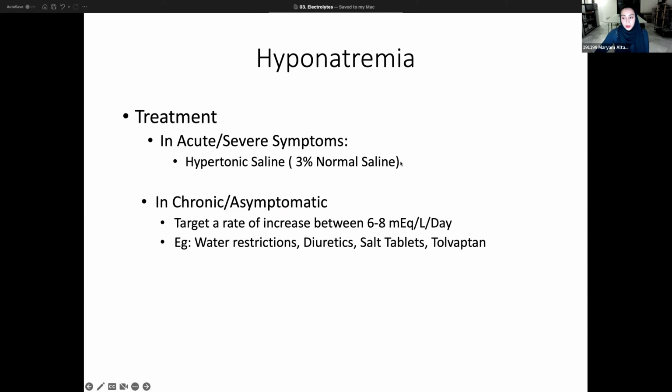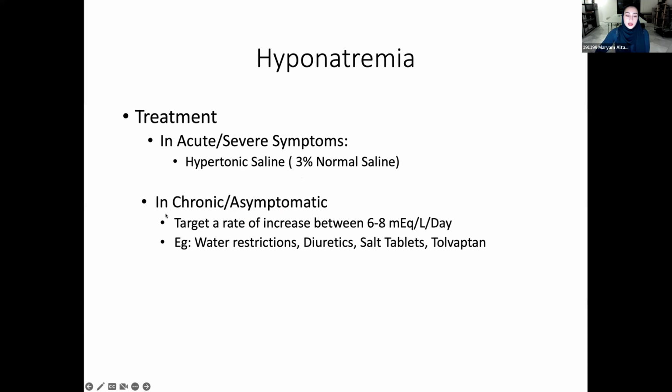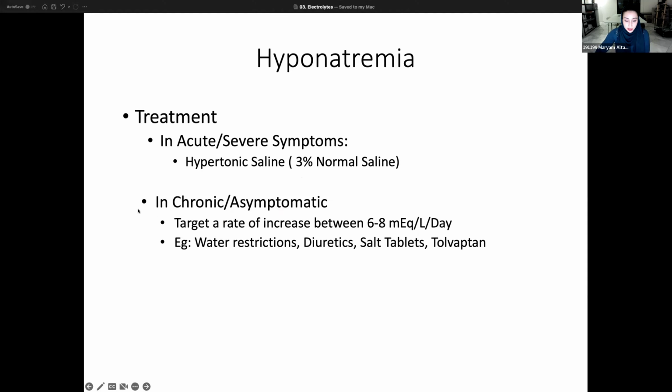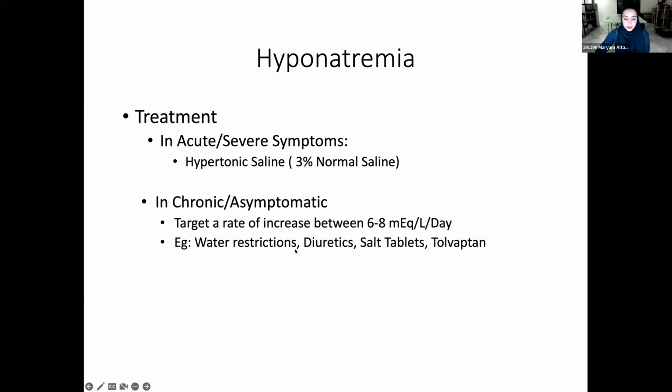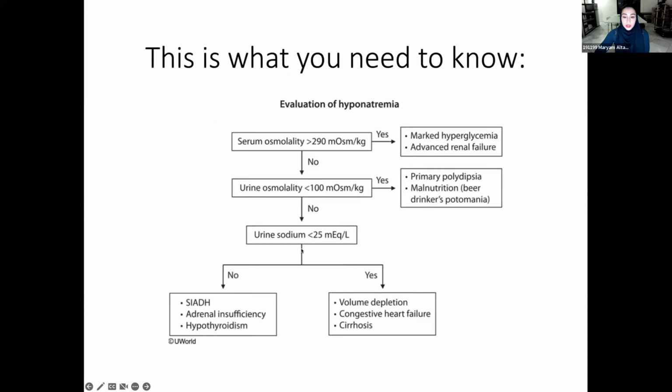If there's not enough sodium, give water with more sodium. And in chronic or asymptomatic, you have different things that you can do. So water restriction, diuretics, salt tablets, etc. So target increase between 6 to 8 milliequivalents per liter per day. For both of these, you want to be very cautious about how much you're increasing. All right. So that's hyponatremia.